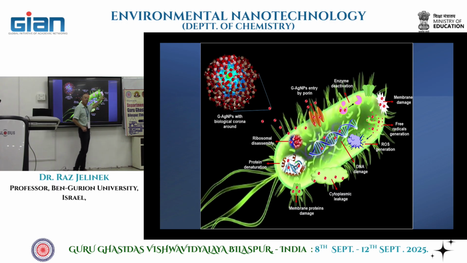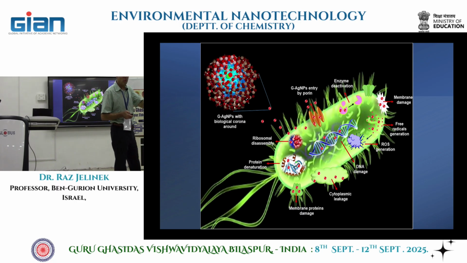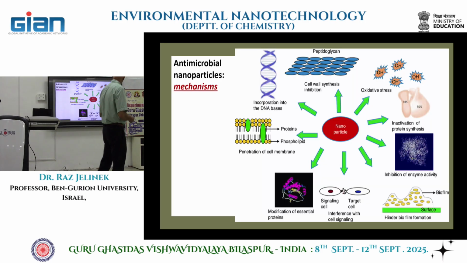They can break the membrane. They can destroy other proteins, membrane proteins, or proteins inside the bacteria. Overall, they are very effective in killing bacteria. So silver nanoparticles as antimicrobial agents.